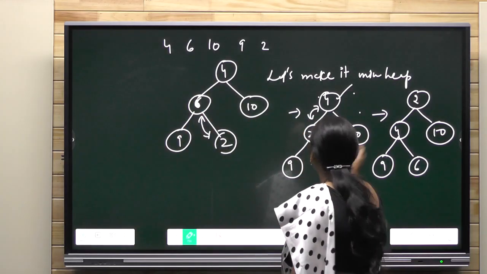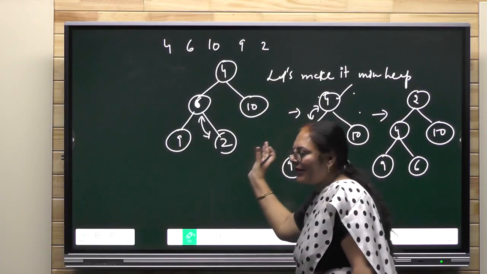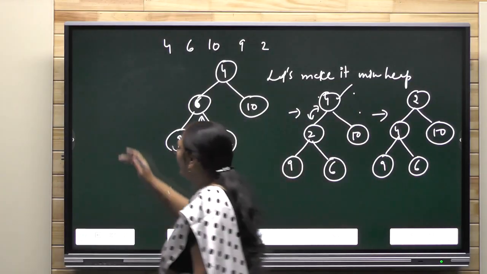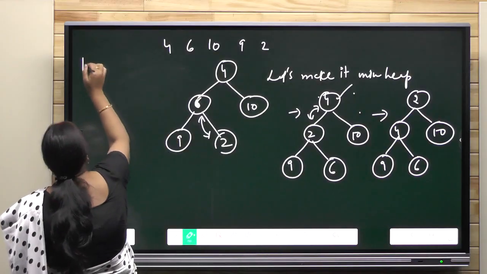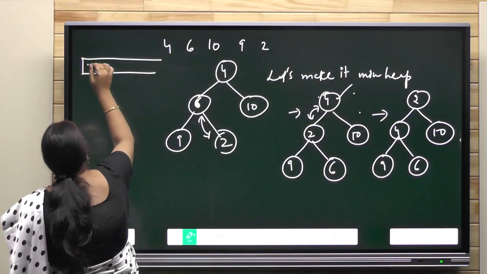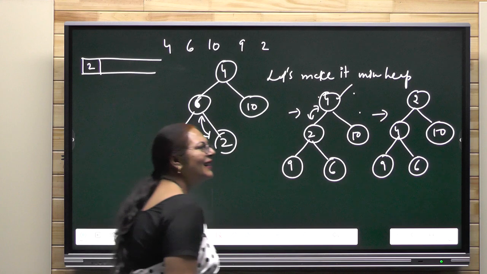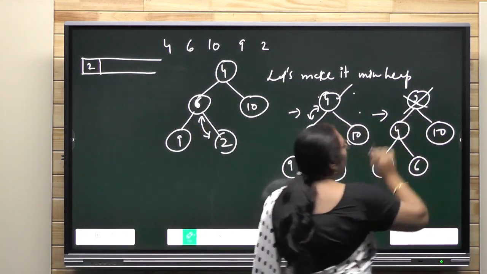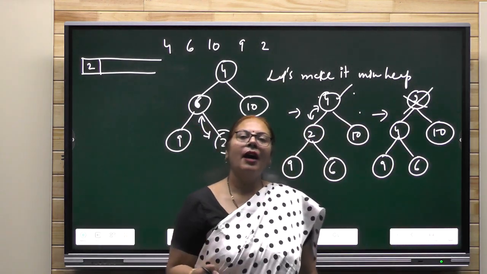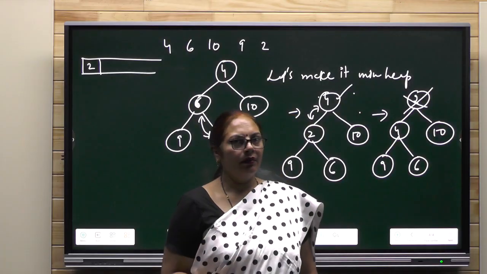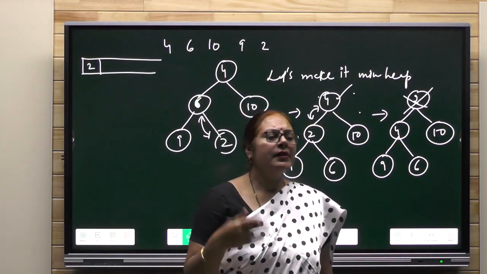So now the next step is to delete the root element. The root element was 2, and it is deleted and kept aside. Now that the root is deleted, obviously you have to make the heap again, because now the tree doesn't have a root.